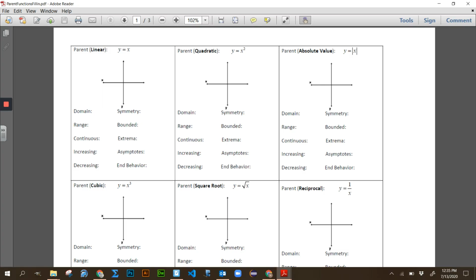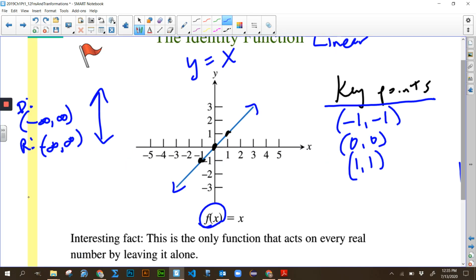There are no asymptotes. Increasing: it looks like this one is increasing all throughout the whole domain. Remember, increasing is an interval, so it increases from negative infinity to infinity. Again, intervals are always on the axis. There's no decreasing area.